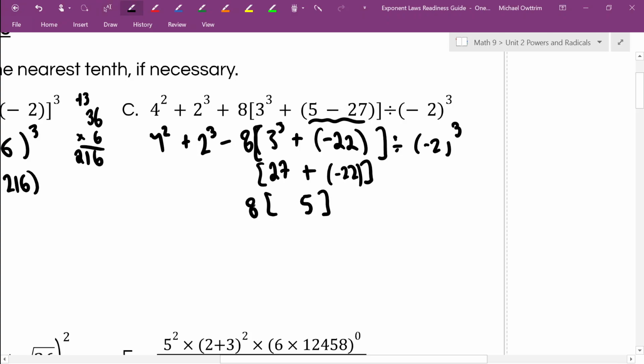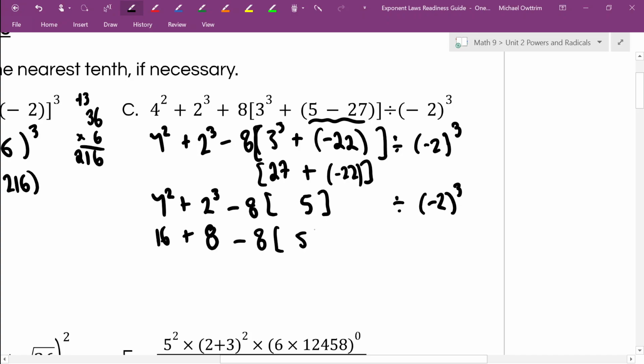Of course, in each of these steps, we still have everything else that wasn't being evaluated. Okay, next thing we're going to do is evaluate our exponents in the rest of our expression. So 4 squared is 16, 2 cubed is 8.